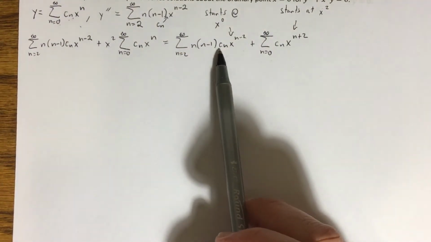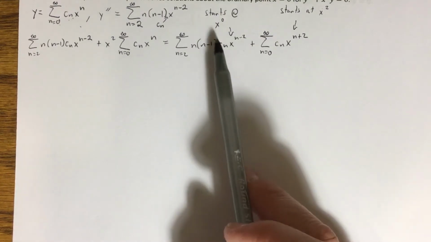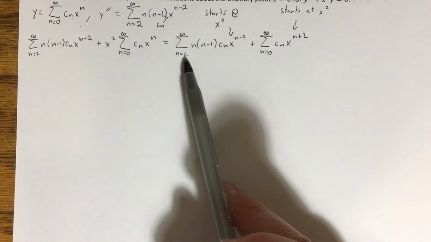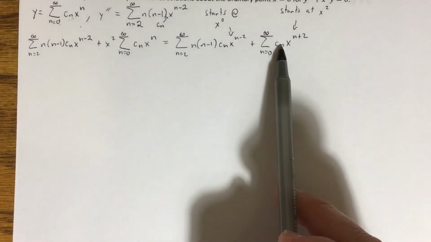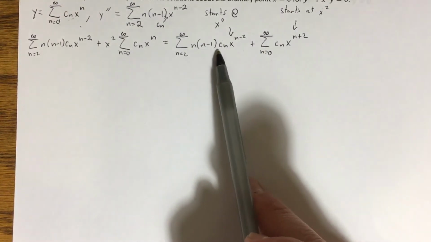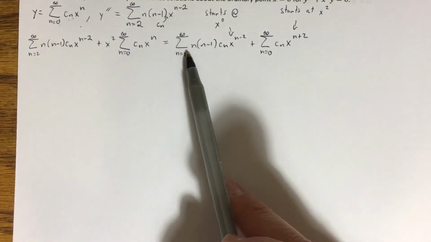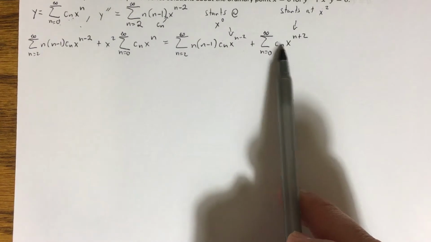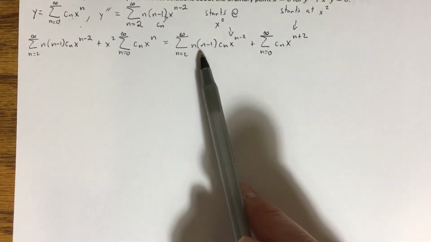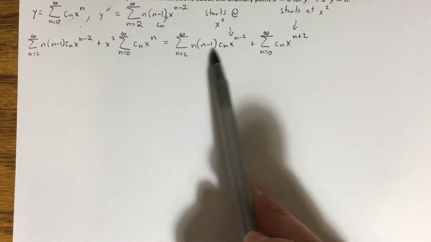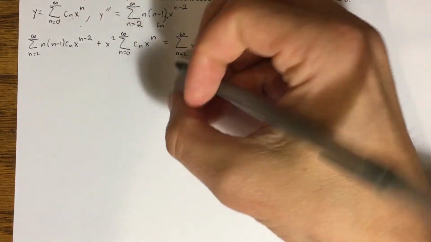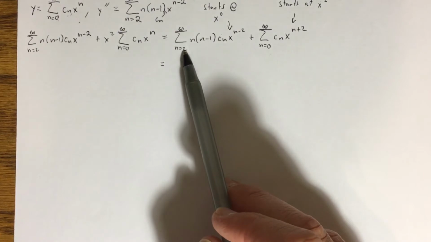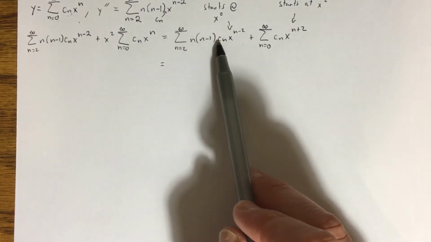So here's what that means. This series is going to have a constant term corresponding to x to the 0 and an x term corresponding to x to the first power, which this series will not have. So this series is going to have two terms that aren't going to be able to combine with anything in this series. And the way that we deal with that is we pull those two terms out of this series and write it this way. So let's think, what would the constant term look like? I'm plugging a 2 in: 2 times 1 times C2.